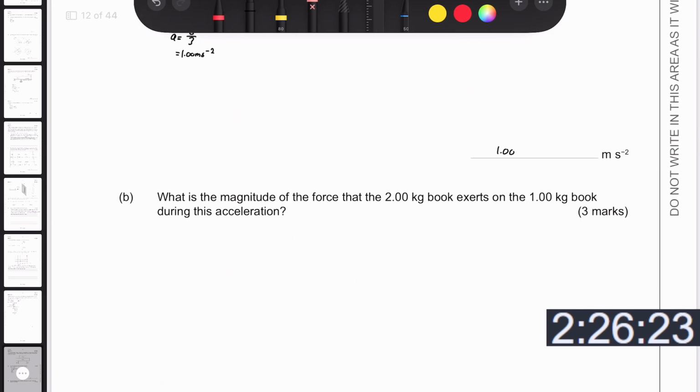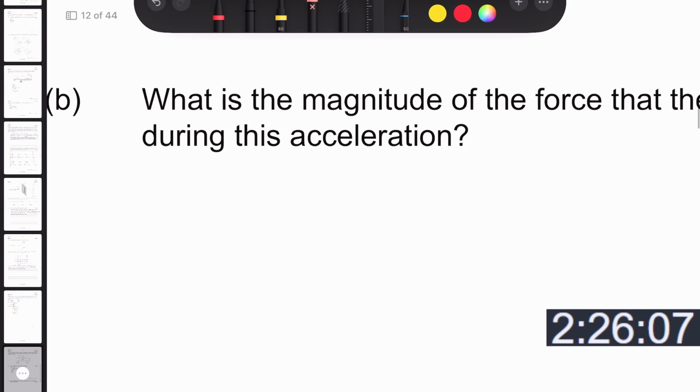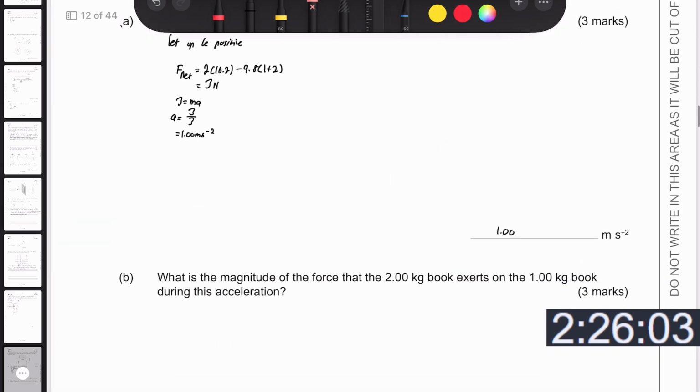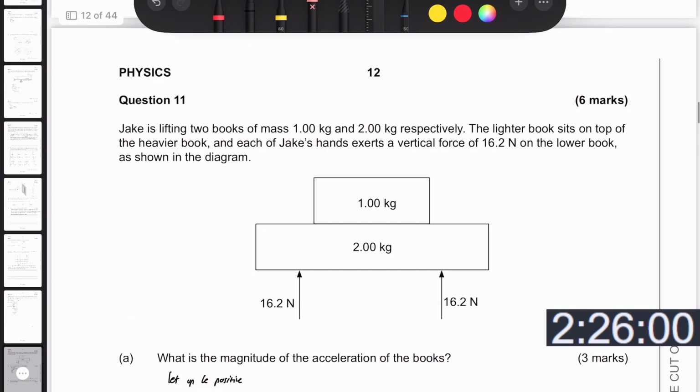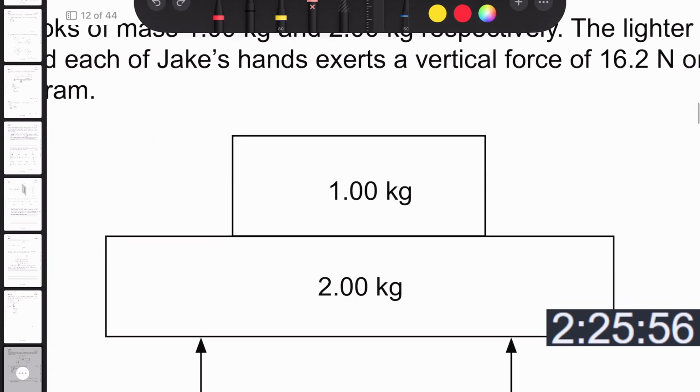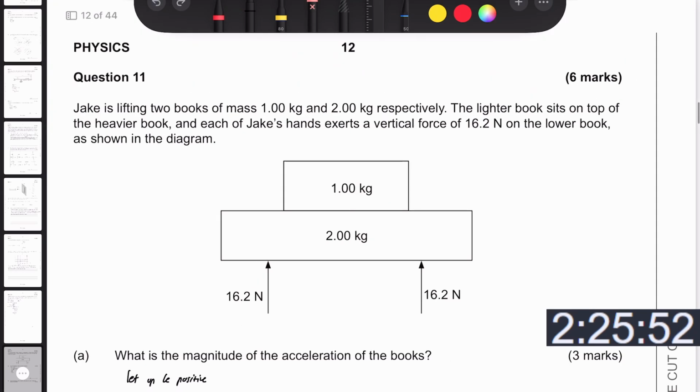What is the magnitude of the force that the 2 kilogram book exerts on the 1 kilogram book during this acceleration? So we're gonna have, let me think about this. So there's going to be some reaction force, and then there's also just the force of it moving.